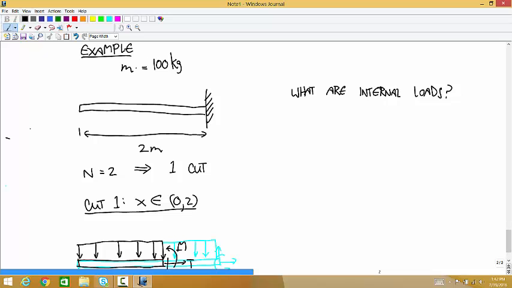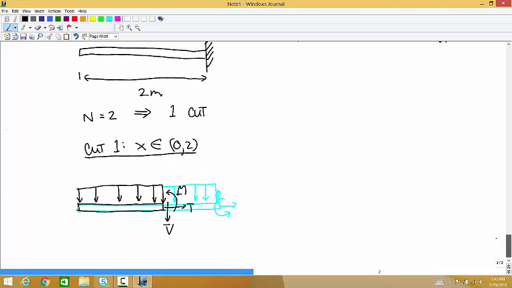If it's 100 kilograms, then the weight is that times 9.81, so 981 divided by the length of 2. So we get a distributed load of 490.5 newtons per meter.